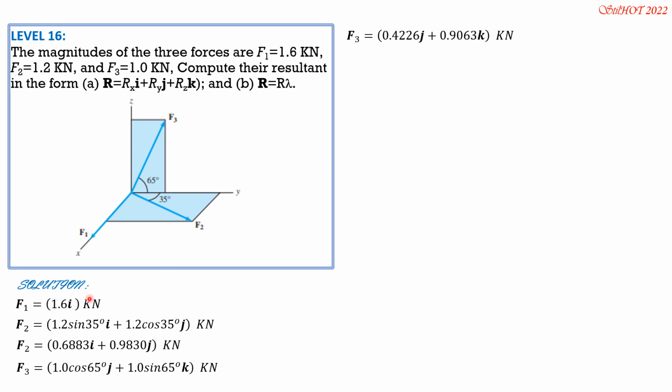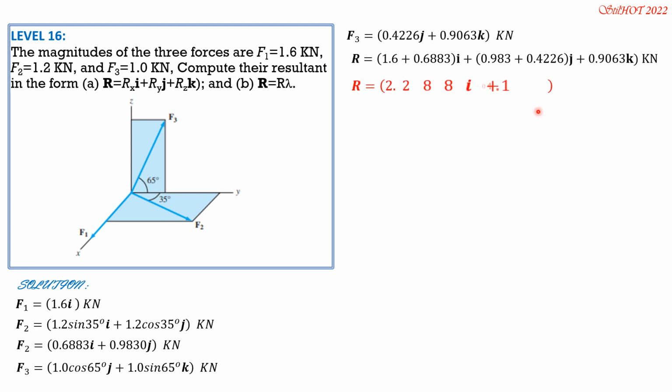So the resultant is the sum of F1, F2, and F3, and we add corresponding components. So R is equal to 1.6 plus 0.6883i plus 0.9830 plus 0.4226j. Then there's only 1k, 0.9063k. So combining, R is 2.288i plus 1.406j plus 0.9063k.